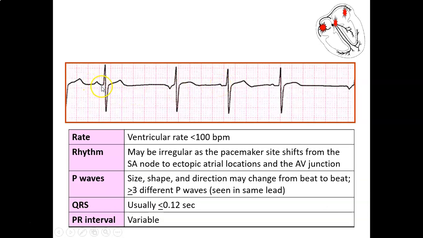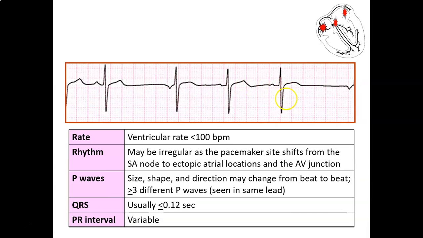So in fact, we are getting 3 different shapes of P waves. This may be normal, and the other 2 may be abnormal. The ventricular rate is less than 100. QRS complexes are narrow, so it means they are coming from above the ventricular area. And PR interval, wherever available, looks normal.